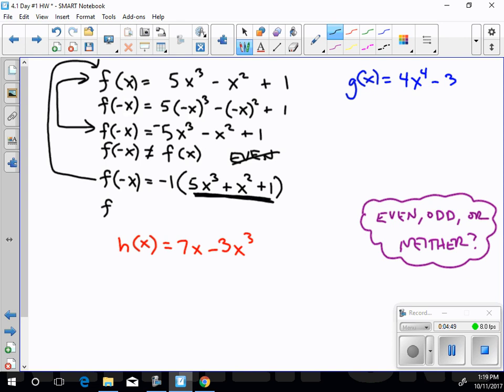No. So f of -x is not equal to negative f of x. Therefore, it's not odd. So it has to be neither. You following? Okay, I pulled out a -1 because I want negative f of x. This thing in here, if it's f of x, I've got what I want.